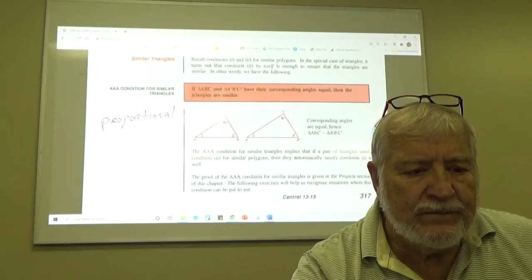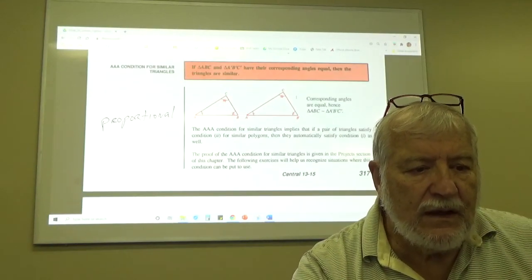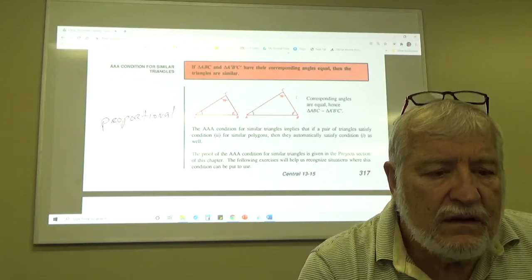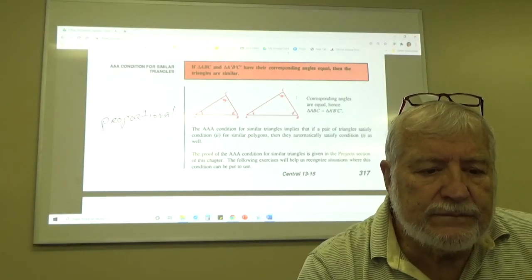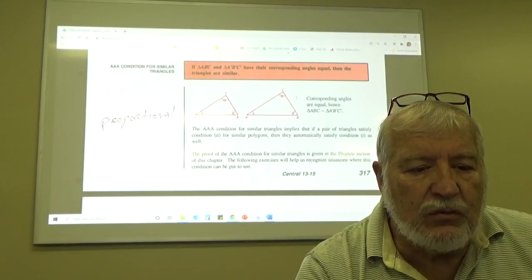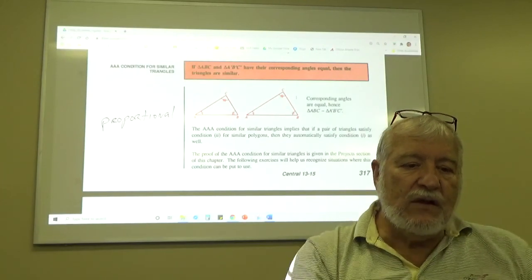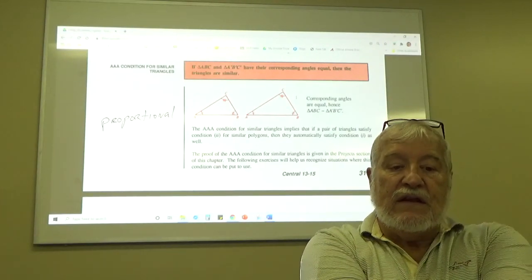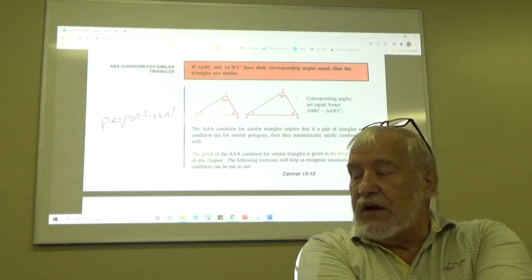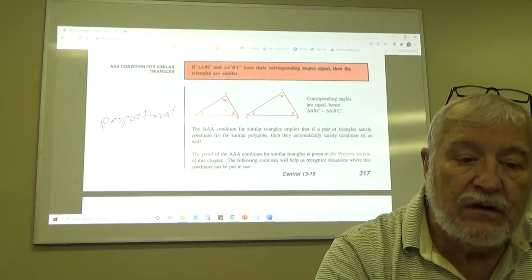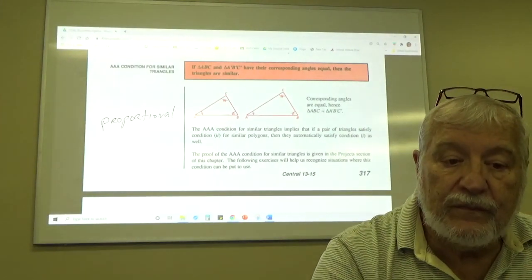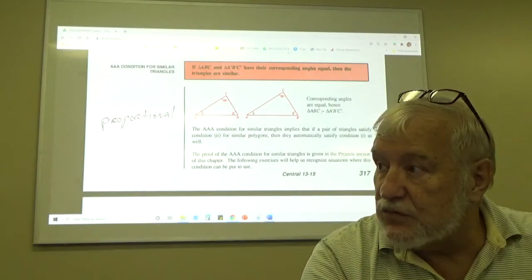Okay. All right, now, the corresponding angles are equal, therefore the triangles are similar. Now look at the symbol in between the two triangles over here. Look at the symbol. You notice it only has one line?